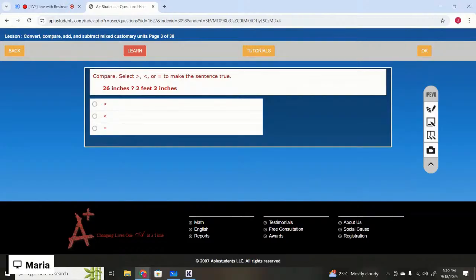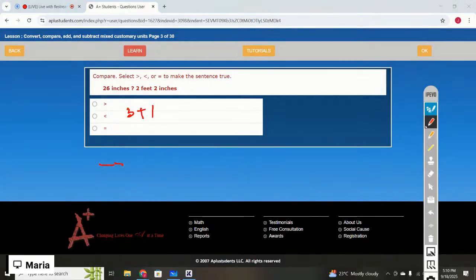Compare 26 inches and 2 feet 2 inches. So we need to convert feet to inches. 1 foot equals 12 inches.